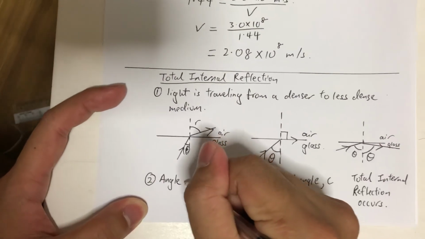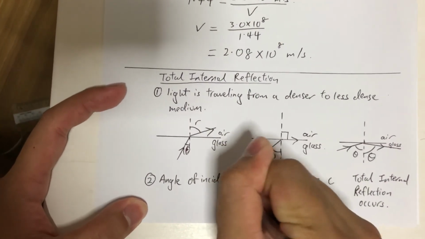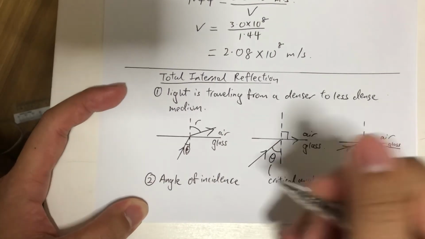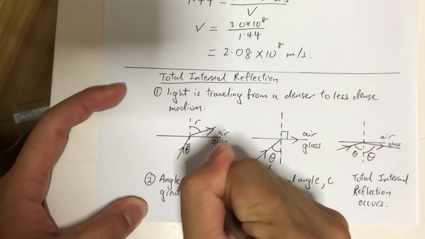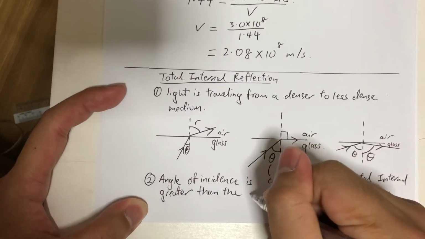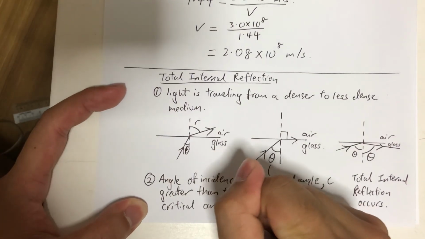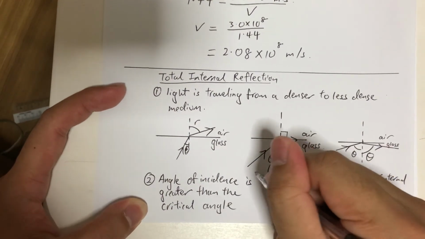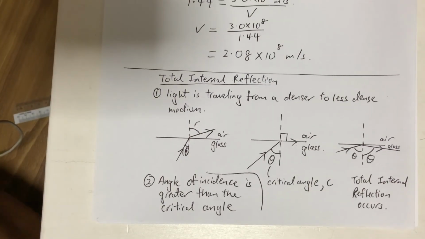So I'm going to write it down in words here. Angle of incidence is greater than the critical angle. Okay, so only when these two conditions are satisfied, then we will have total internal reflection.